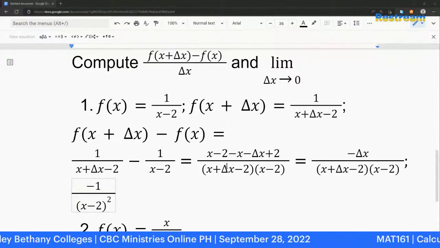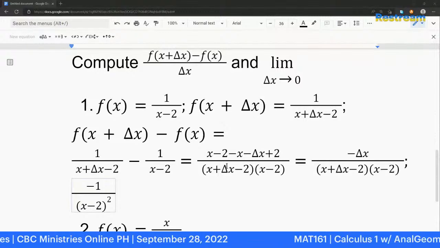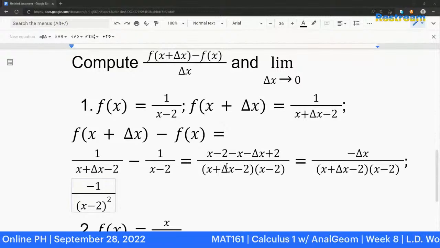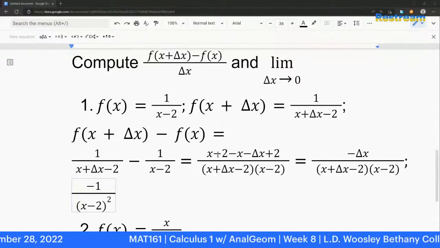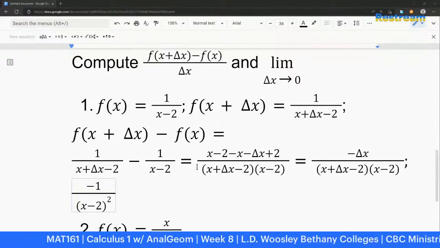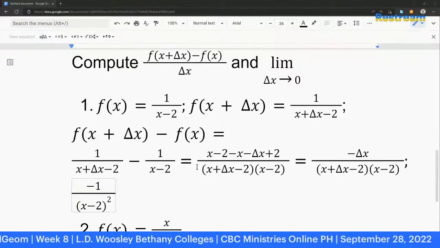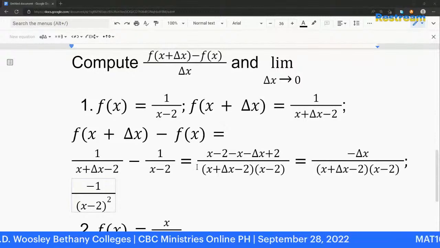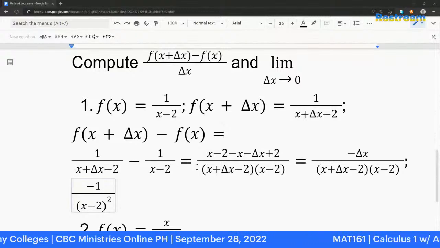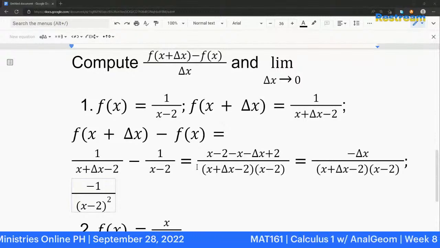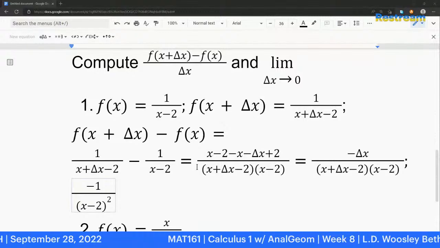Ang natira minus delta x. Dinivide mo pa sa delta x. Kaya negative 1 na lang yun. Then, saka mo kinuha yung limits. Limit niya as delta x approaches 0. So, may iwan, x minus 2 times x minus 2 sa denominator. Kaya siya squared.